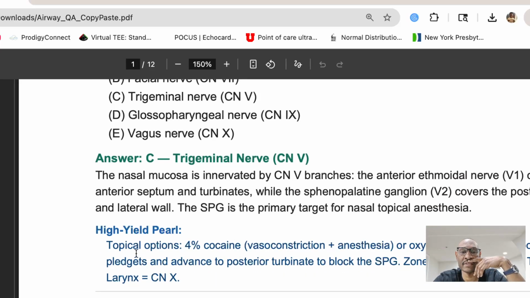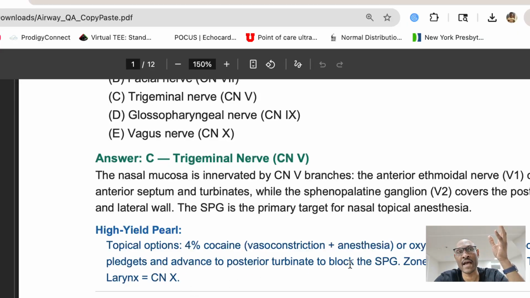So here's some high-yield pearls. The topical options: 4% cocaine, or oxymetazoline (Afrin) plus 4% lidocaine. Soak pledgets and advance them to the posterior turbinate to block the SPG. Zone rules: if you break the airway into three zones, the nose is first, which targets cranial nerve 5, then the throat, 9, and the larynx, 10.